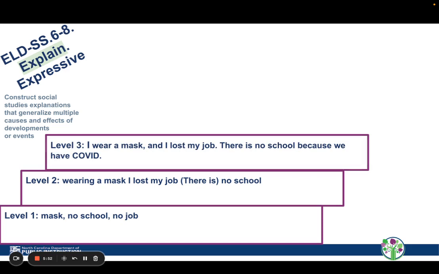Level 3, at the developing level, students such as Maria in literacy domains of reading and writing, might be able to process or produce: I wear a mask and I lost my job. Simple compound sentences: There is no school because we have COVID. So the simple connector of because you see typically in level 3.